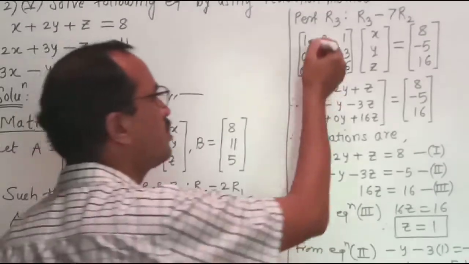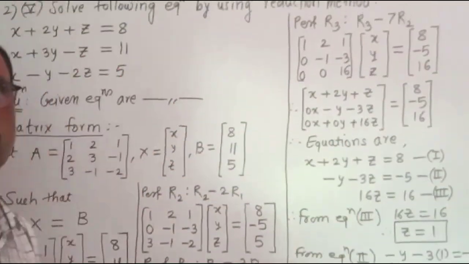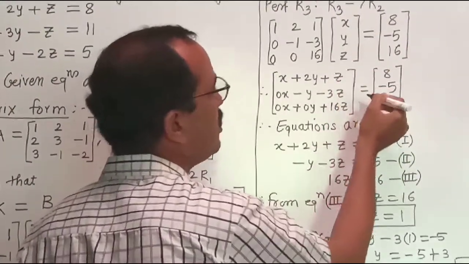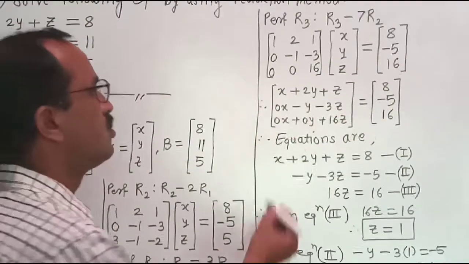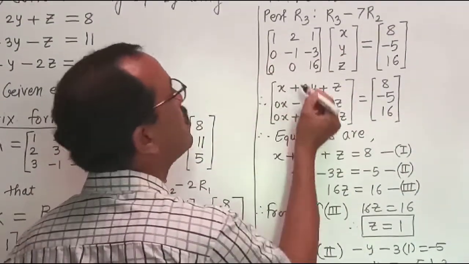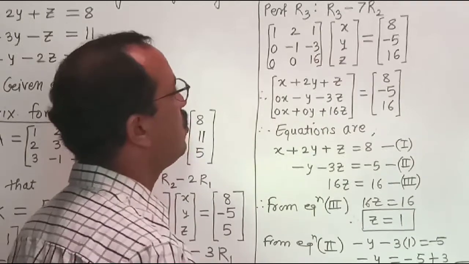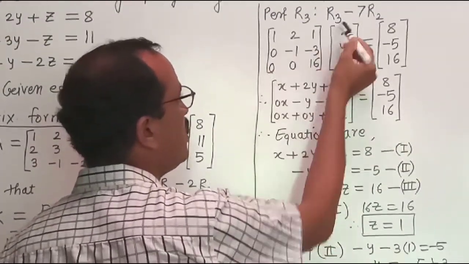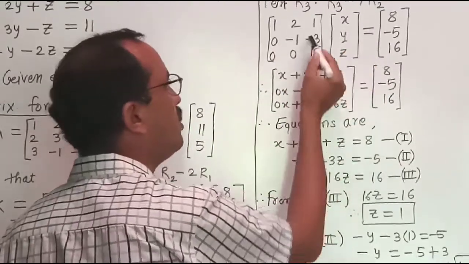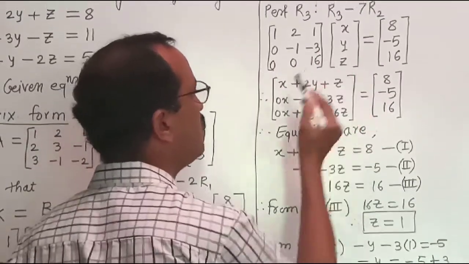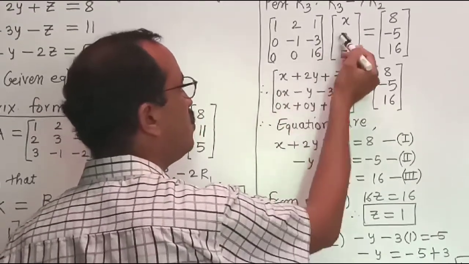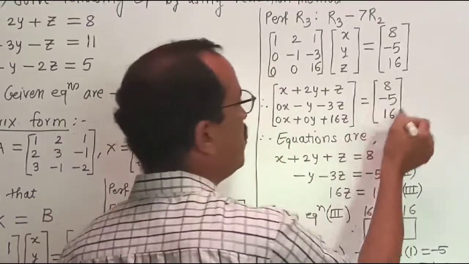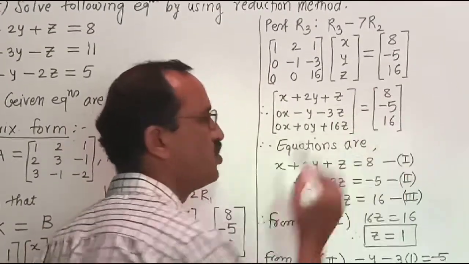In this way we convert matrix A into an upper triangular matrix. Now we multiply matrix A by this column matrix XYZ and then we find the equations. So here the multiplication is 1 into x plus 2 into y plus 1 into z. Second row is 0x minus y minus 3z, and third row is 0x plus 0y plus 16z, equal to the matrix 8 minus 5 16.